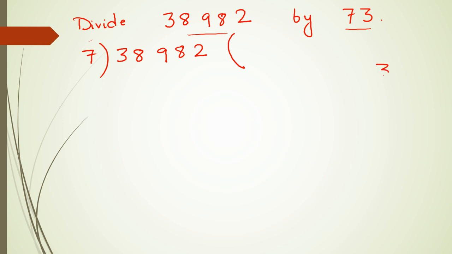We will keep this 3 somewhere here, and since this is only one digit here, we will put a bar here, meaning when we divide this part with 7, whatever comes will be the quotient, and later we will see how to get the remainder out of this part.